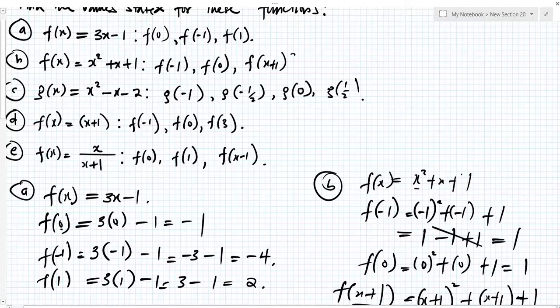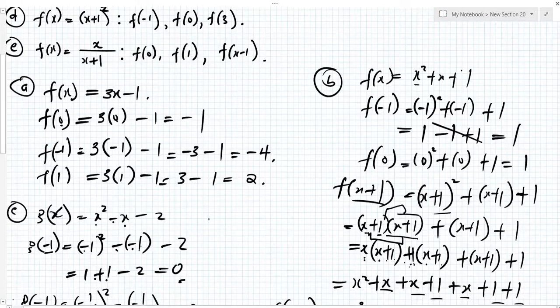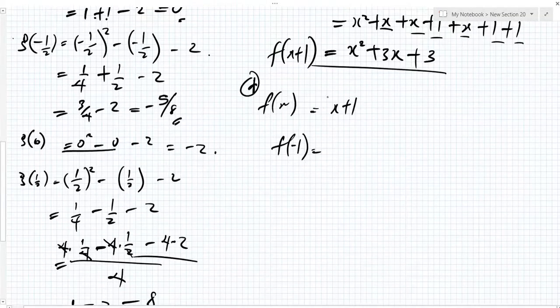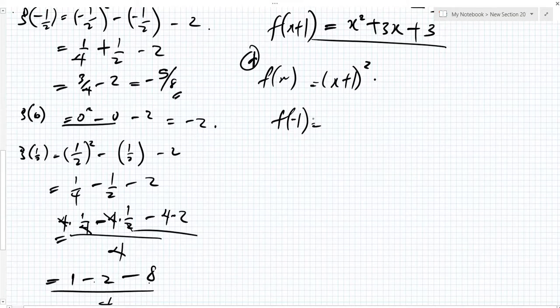So for minus 1, wherever you see x equal minus 1, this one inside there is 0 already, so this whole thing is 0.